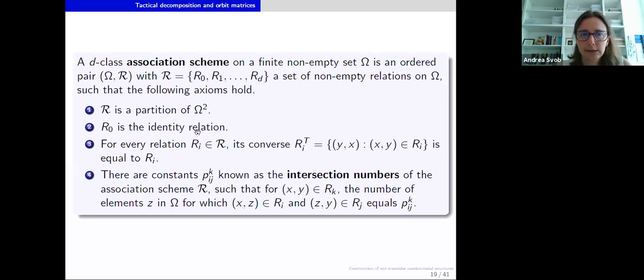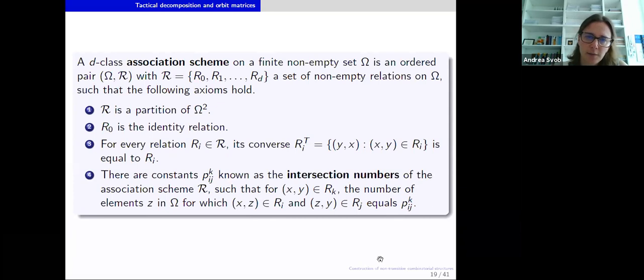R_0 is the identity relation that is an element of the partition R. And for every relation R_i from R, its converse is also in R, and there are constants p_ij^k that are known as the intersection numbers of the association scheme.